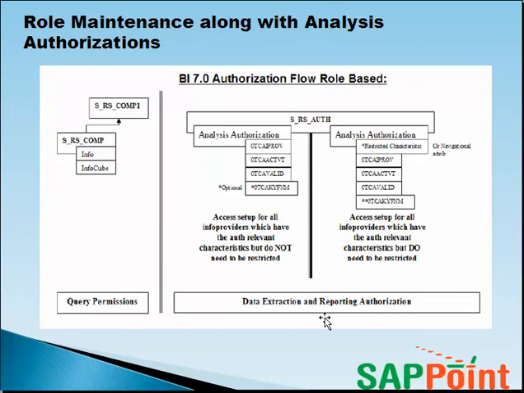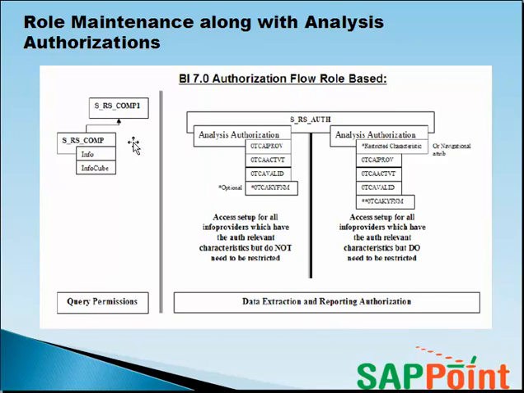For example, if an administrator wants to create an InfoCube, then he would need access to authorization object S_RS_ICUBE. But from an end user reporting standpoint, in BI, we don't need them anymore.